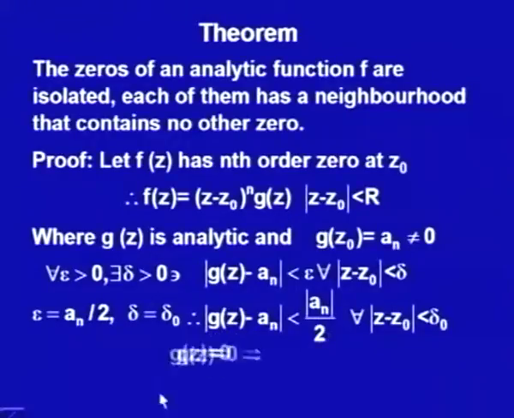From here, I would get that the absolute value of dz minus an would actually be the absolute value of an, and that is smaller than the absolute value of an by 2, but this is a contradiction. I am taking |an| as a positive value, and I am saying a positive number is less than half of itself, which is not possible. So this is a contradiction, hence g(z) cannot be 0 in this neighborhood.